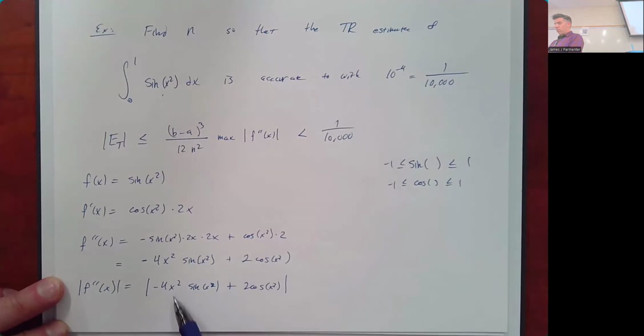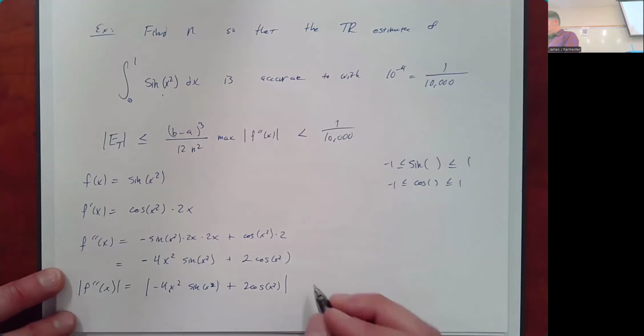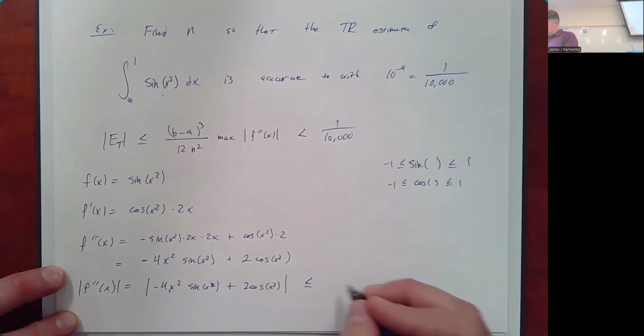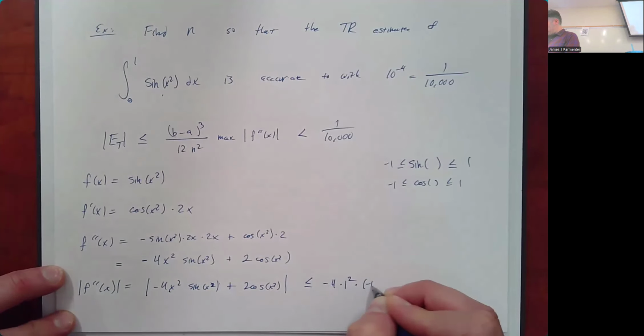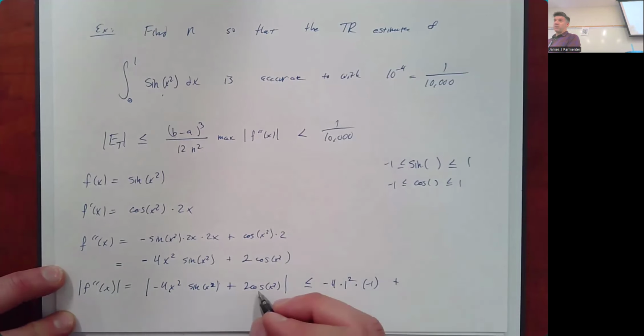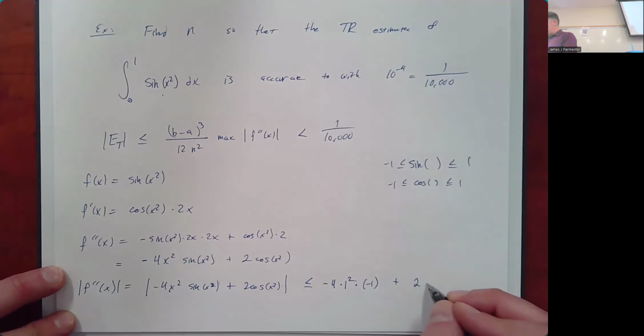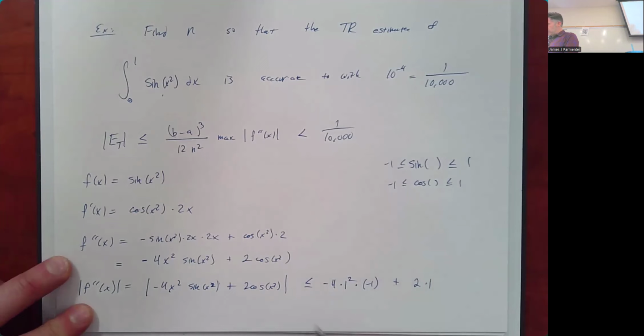I'm going to pick x equal to 1 here. And I'm going to say that sine could be negative 1. So I'm trying to come up with the biggest positive value. So this is for sure going to be less than or equal to negative 4 times 1 squared times negative 1, and I'm going to say cosine could be positive 1 times 1. So this is less than or equal to 4 plus 2, which is 6.